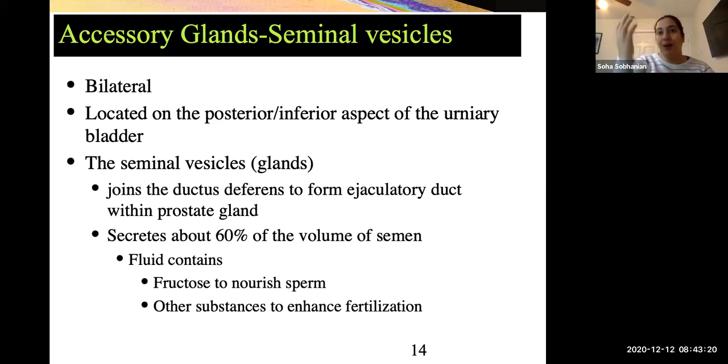So the surrounding environment carries the food. It's kind of like you're in heaven and you go outside and pick a fruit from a tree. Your food is basically around you. The second thing is making sure that when the sperm reaches the egg, it has the ability to fertilize it, so it gives it tools that enhance the fertilization. Hopefully that made sense.